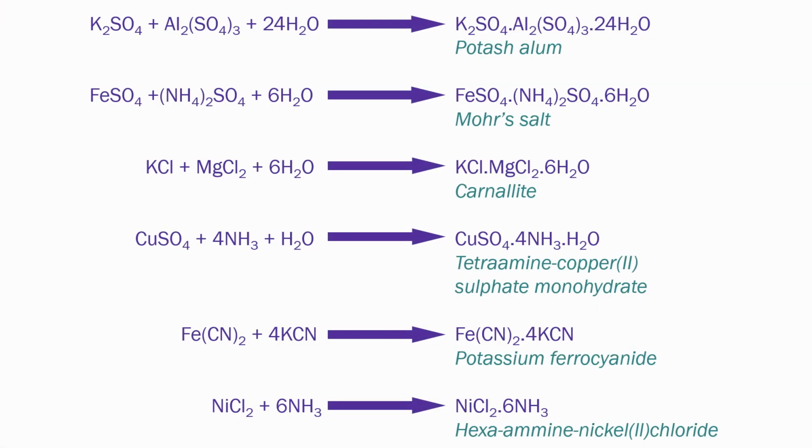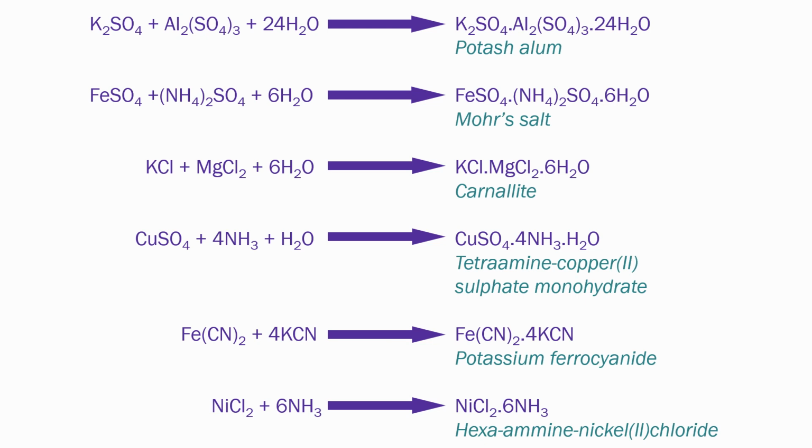These compounds which are separated have a different shape from that of the compounds from which they are formed. Such a compound, formed by combination of two or more stable compounds or salts, is generally called an addition compound, or it is also called a molecular compound.